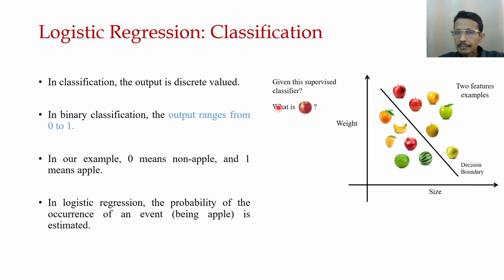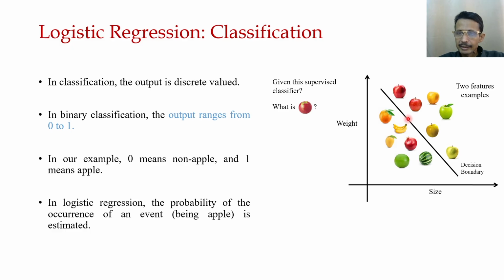So what is the purpose of this classification? The training samples are given here. This is apples and it is saying, look, these are apples and these are not apples. The basic idea of the classification problem is to find this separator.